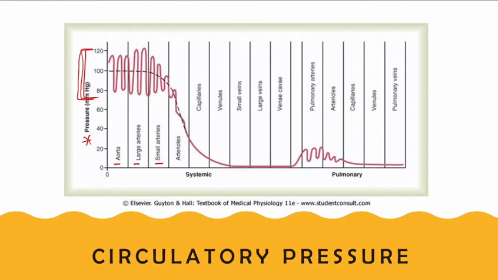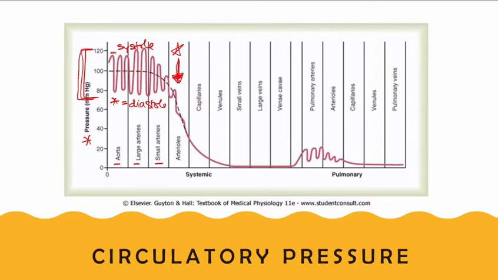When we record a peripheral blood pressure, we record the low number, which is diastole, and we record the high number, which is systole. We're going to spend a lot of time in this unit talking about what's happening in the blood vessels during systole and diastole.